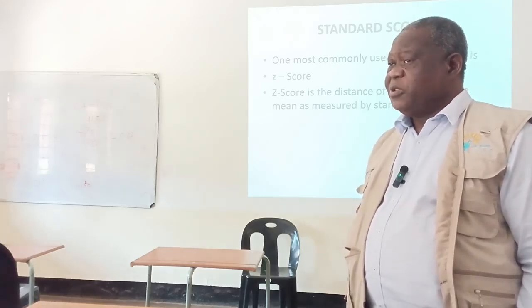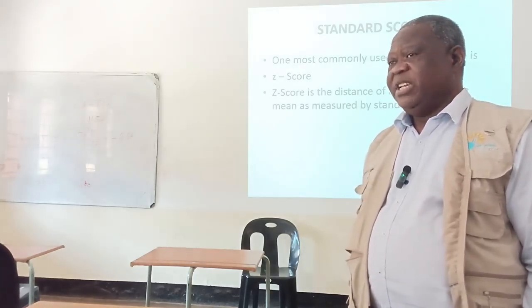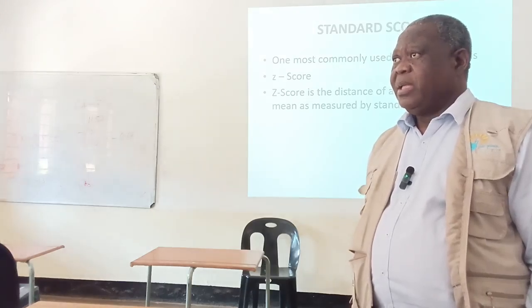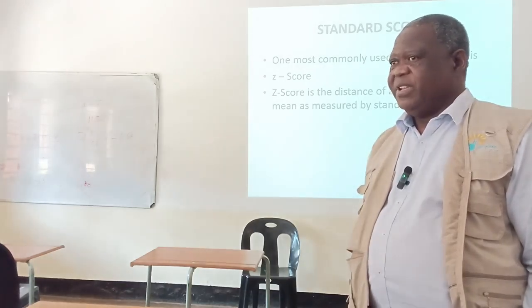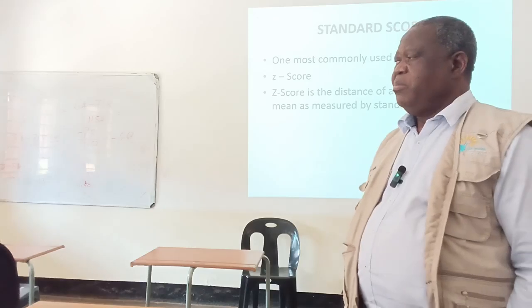But to do so, you need to convert the scores into standard scores, and there you can be able to compare easily how those scores are deviating from each other in the original measure.